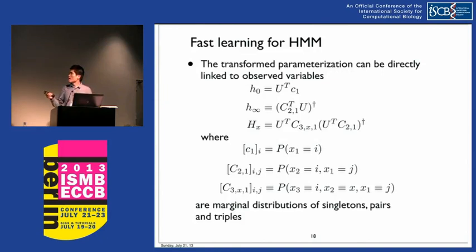Here, C1, C21, C3x1 are the marginal distributions of singletons, pairs, and triples, respectively. They are also called unigrams, bigrams, and trigrams. And U is the leading k left singular vectors of C21, which captures the subspace of hidden variable transitions.